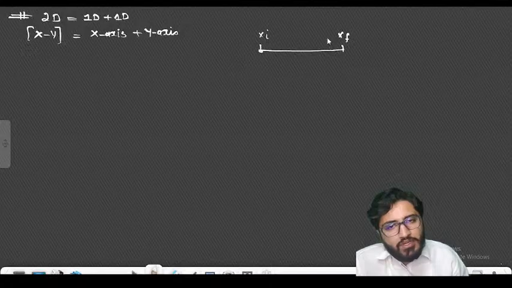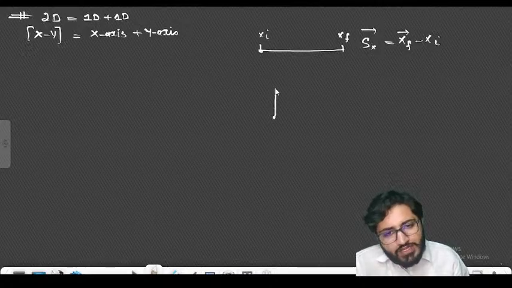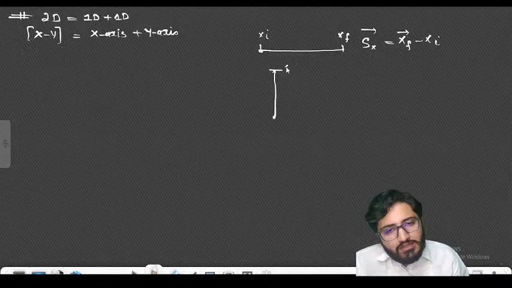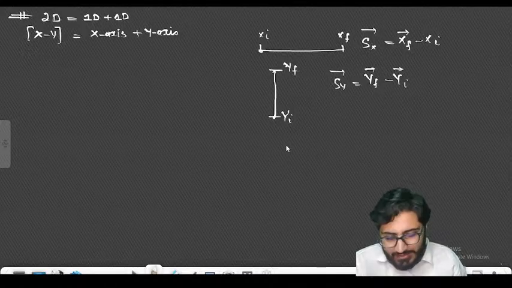Displacement in the x-axis is xf, final x minus initial x. Displacement in the y-axis is final position in y minus initial position in y.